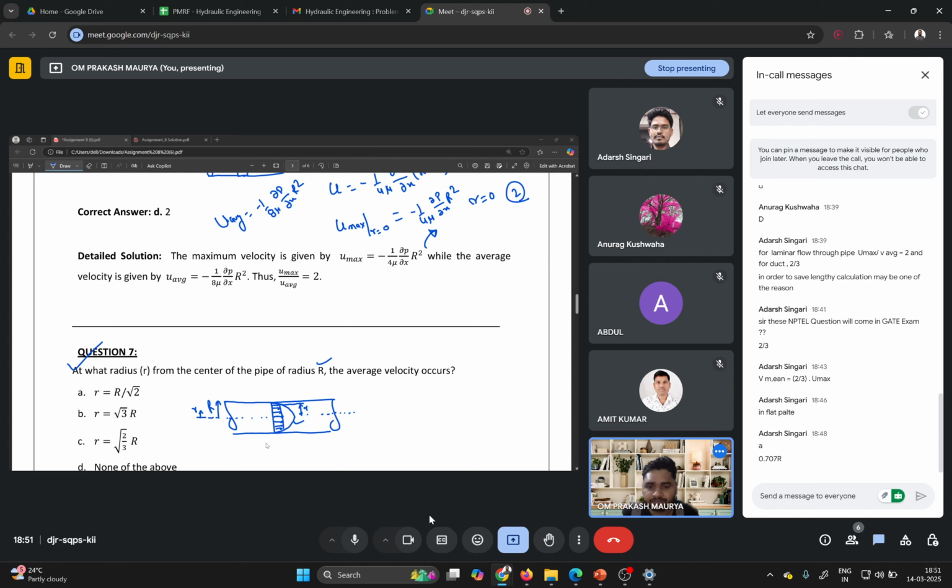Sometimes the concept repeats in the GATE exam, so you can very easily solve the questions, but you have to do more practice. If you practice 4 to 5 times the last 10 or 15 years of questions, you can easily get 50 marks or more in the GATE exam, but you have to revise the same questions 4 to 5 times. The questions are designed like that, so you can definitely get 50% marks.